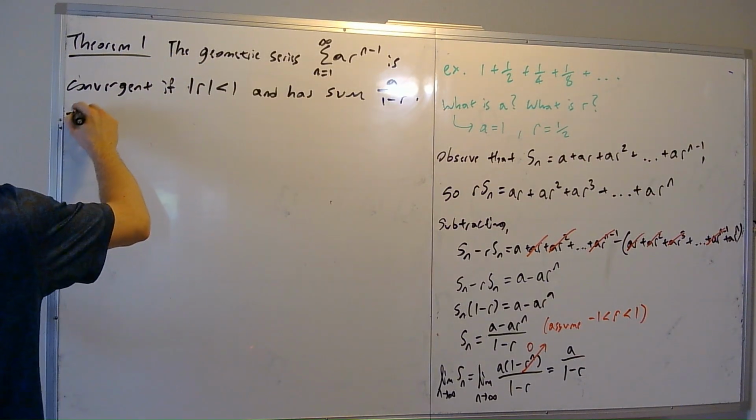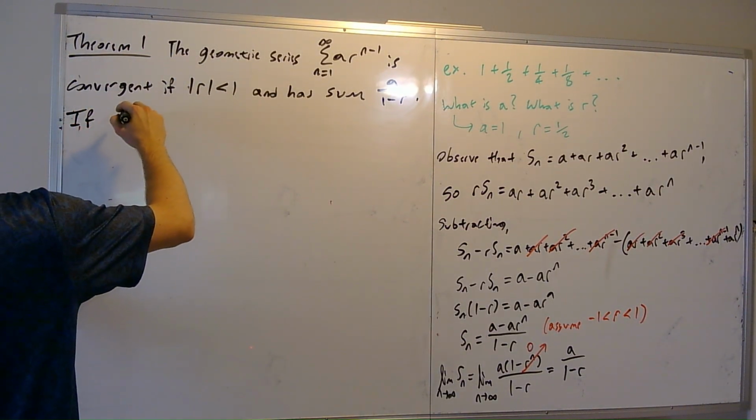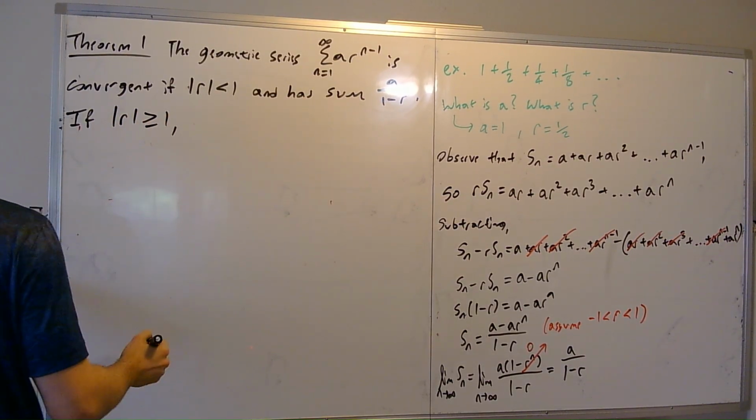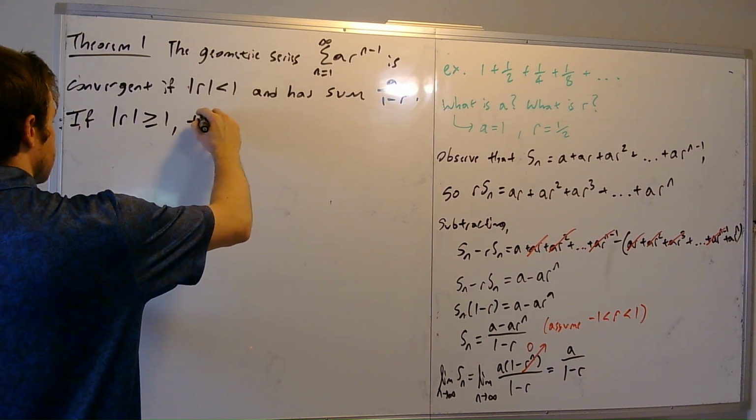If the absolute value of r is greater than or equal to 1, then the series diverges.